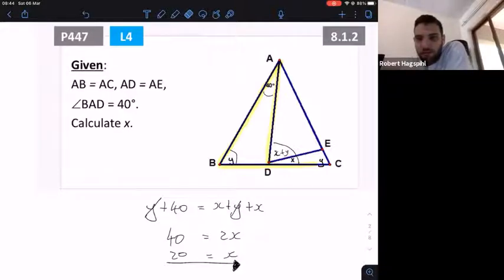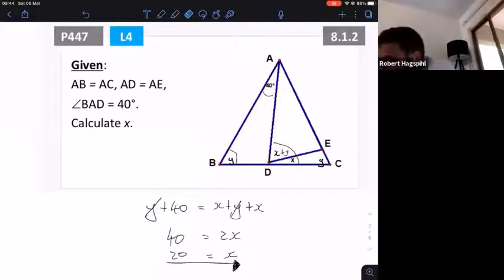Alternatively, what you could have done is you didn't need to use the exterior angle. You could have said, if I look at this big triangle here, then I can say this angle there is going to be 180 minus y, this one here, minus 2x plus y.